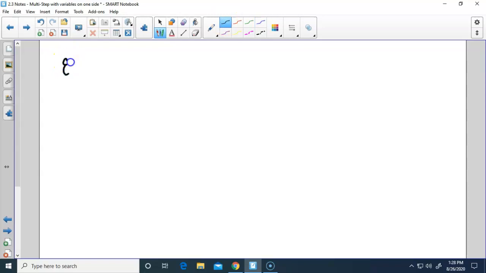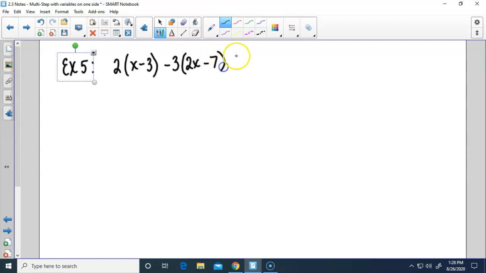So for example 5, we are going to have 2 times x minus 3 minus 3 times 2x minus 7 equals, let's see, hold on just a second. I have this equal -1 here.